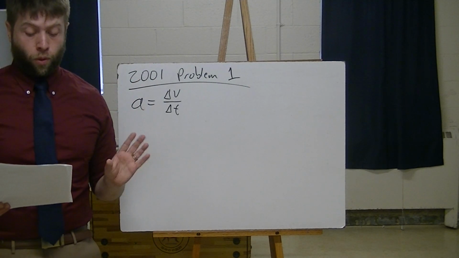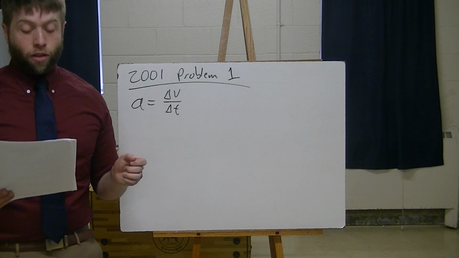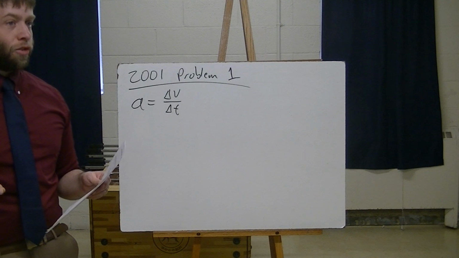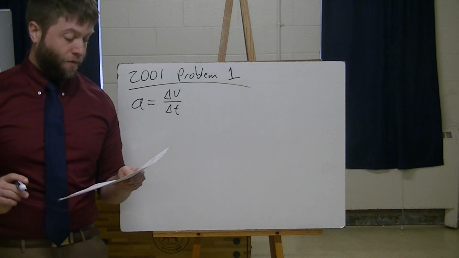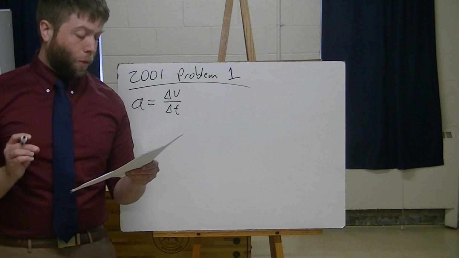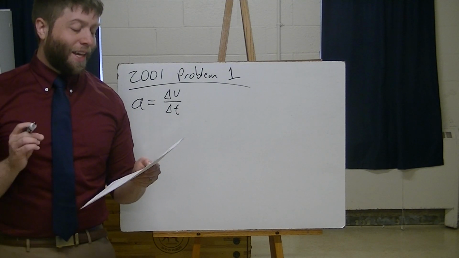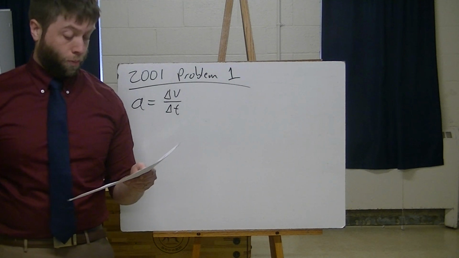That's all they're looking for is an estimation, okay? At 0.33 seconds, it looks like the velocity is about 2.2 meters per second because we're just a little bit above the 2 line we're estimating here. And then the velocity at about 0.37 seconds is a little bit around negative 0.18 meters per second.